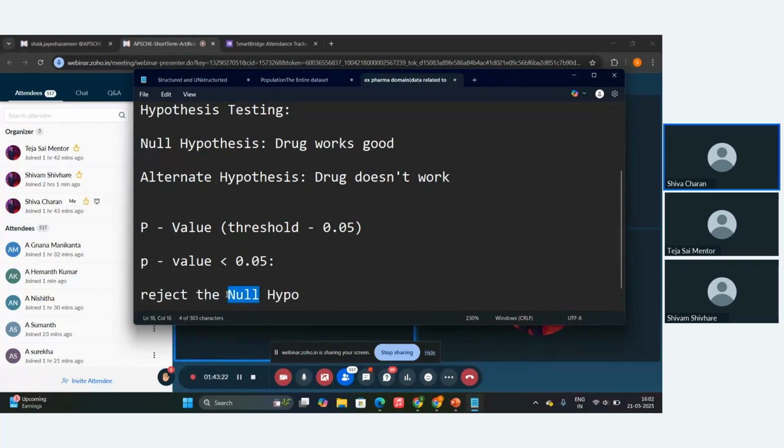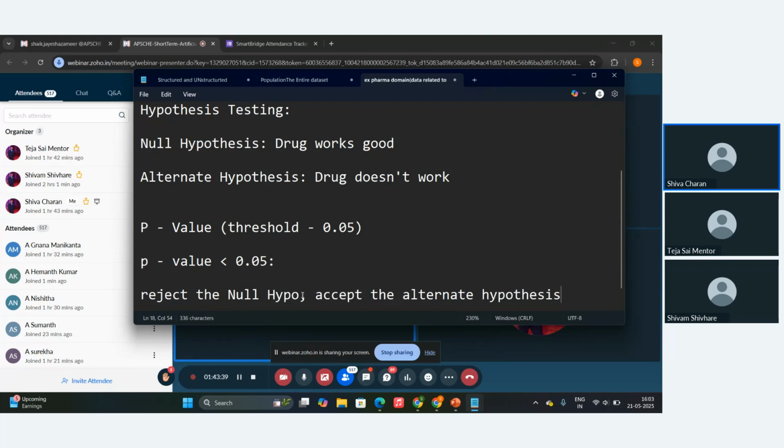So if the p-value is less than 0.05, reject the null hypothesis. That means we need to accept the alternate hypothesis.